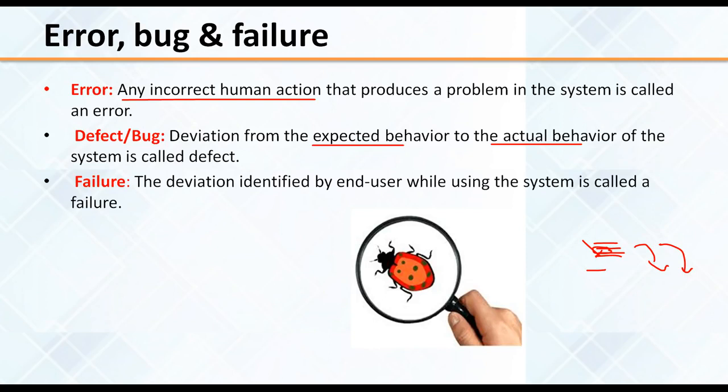So error is an incorrect human action, defect or bug is a deviation between our expected and the actual, and failure happens at the production level. Once the customer starts using the product, if you find the system is not working according to his requirements or his expectations, then we can call it a failure.